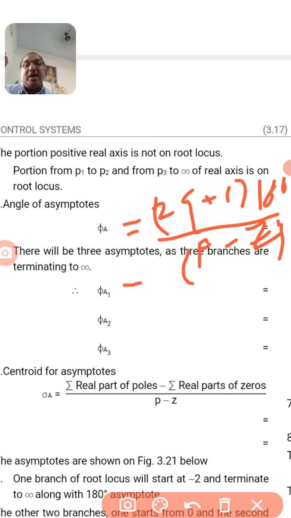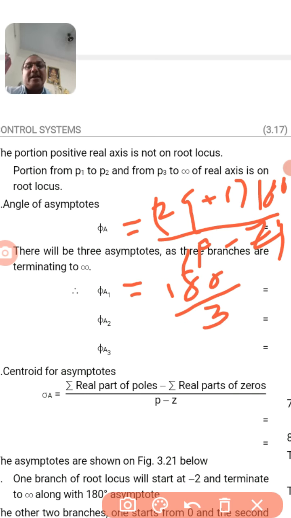So angle phi A1, if q is equal to 0, is 180 divided by 3, which is equal to 60.